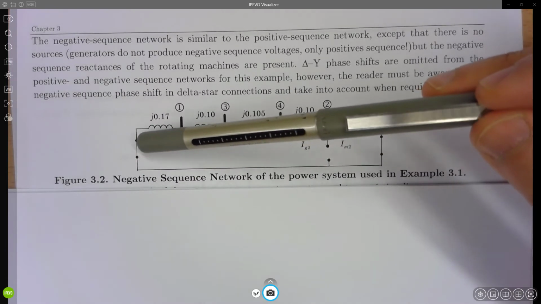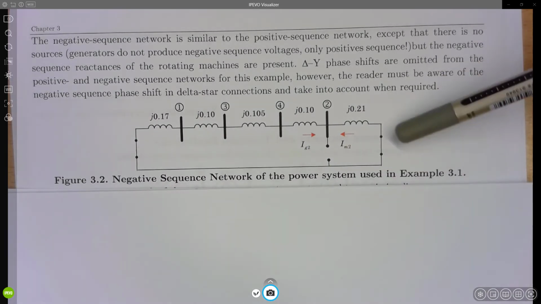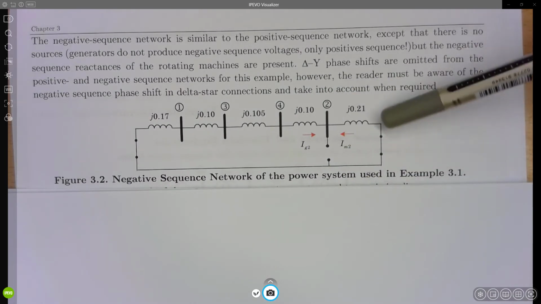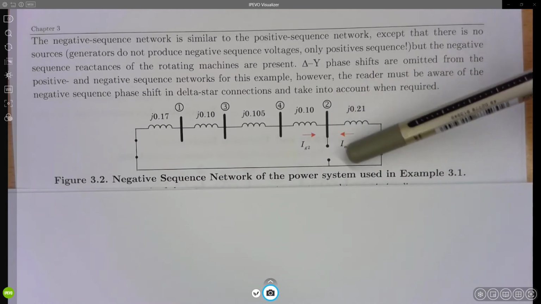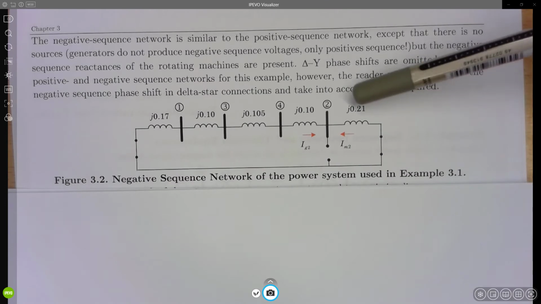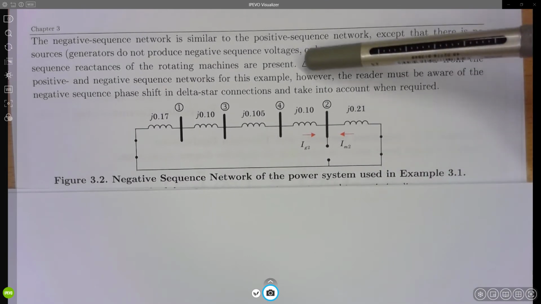That is the reason that we don't have any voltage source here. Same situation is happening with the motor. There is no possibility of creating negative sequence voltages. That is the reason that there is no voltage source.